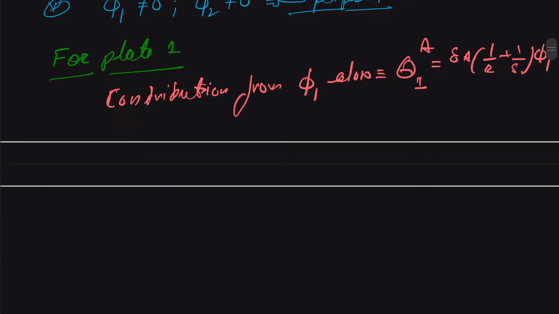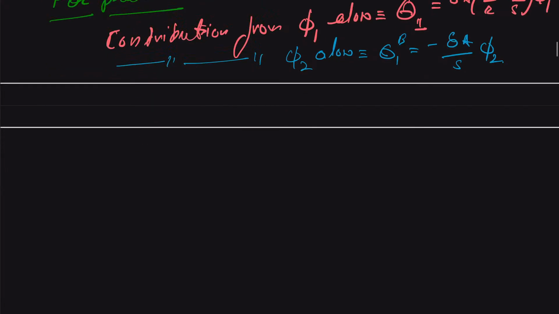Similarly, we can write the contribution from phi 2 alone, which is Q1B, and that is equal to minus epsilon naught A upon S times phi 2. Now we can just add them.